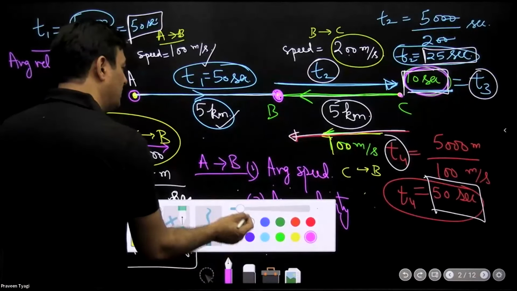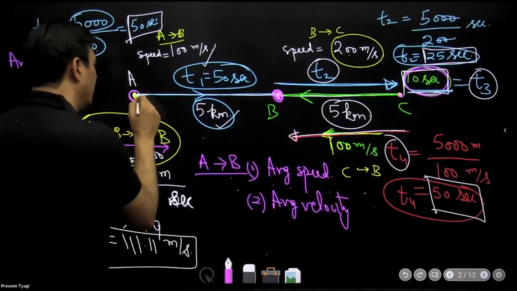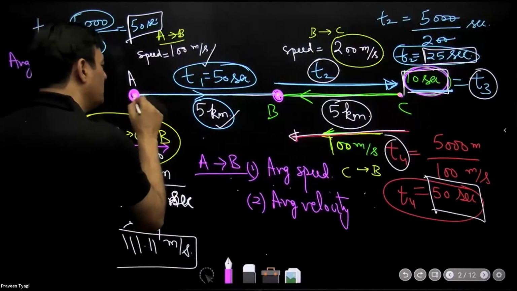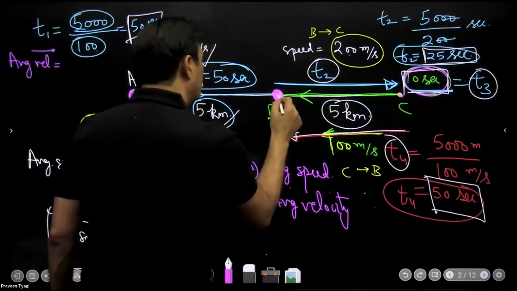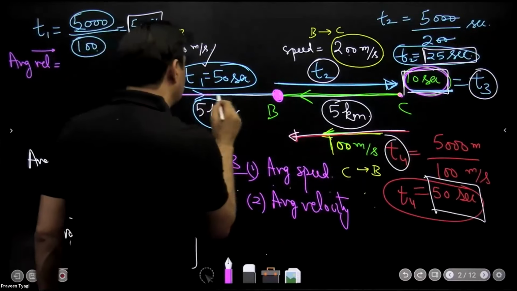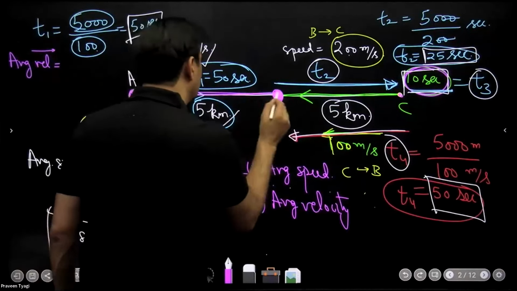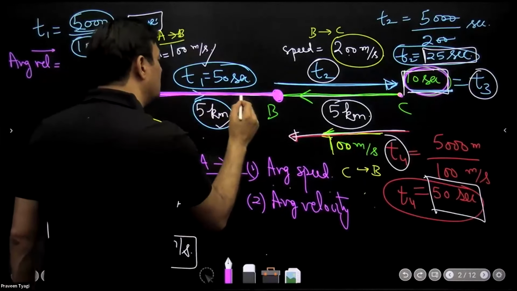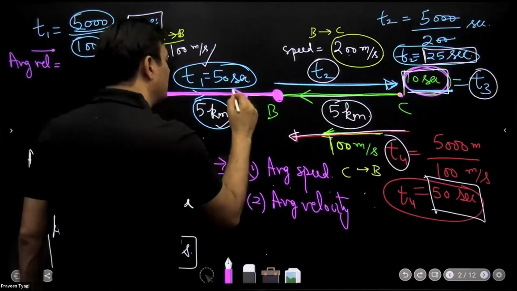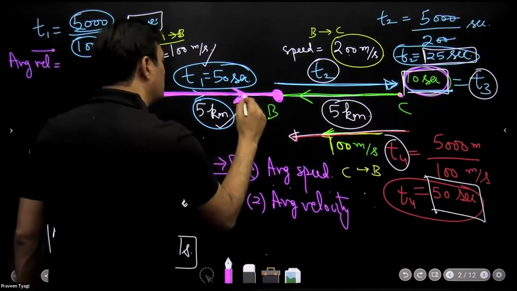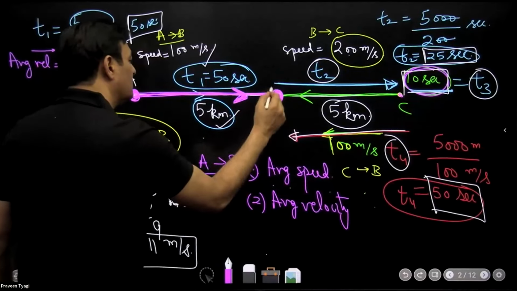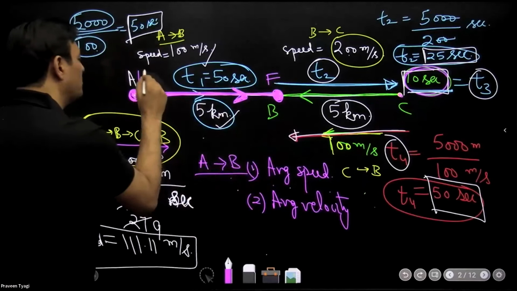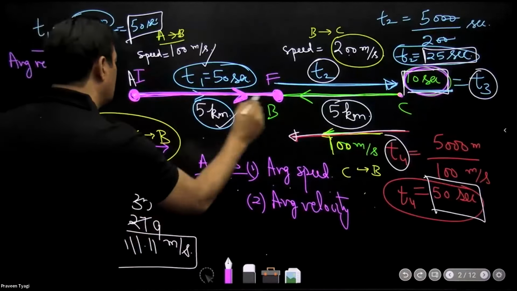Total displacement is this vector joining the initial position to the final position. He reached here. This vector represents the net displacement. This is the final position, this is the initial position, and this is 5 kilometers.